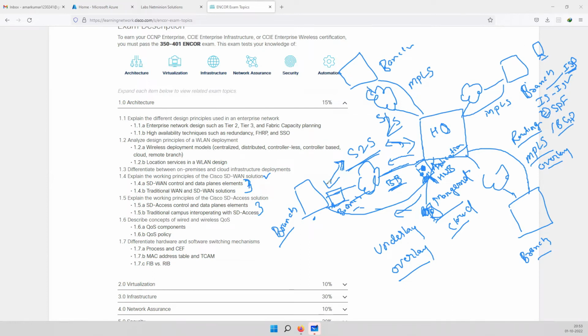Earlier, how would you manage it? You needed to remember which switch or router is installed at which location. Let's say any problem came in one branch, for example in Jacksonville, in the US. I still remember those days.